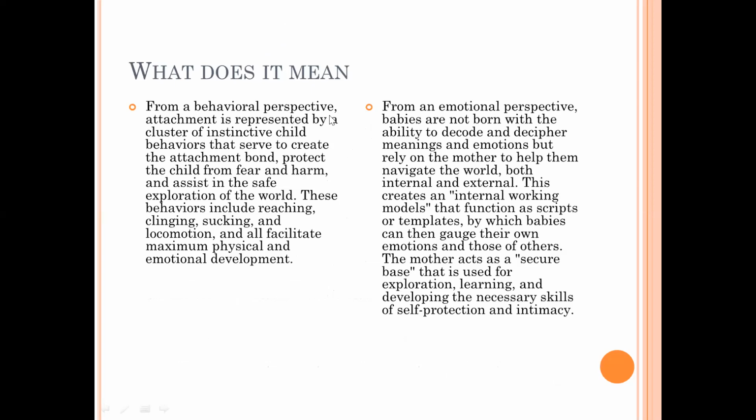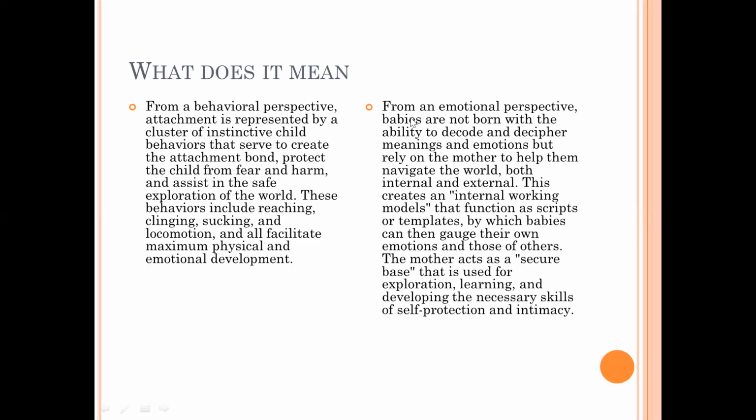From a behavior perspective, attachment is represented by a cluster of instinctive child behaviors that serve to create the attachment bond, protect the child from fear and harm, and assist in safe exploration of the world. These behaviors include reaching, clinging, sucking, locomotion, and all facilitate maximum physical and emotional development.